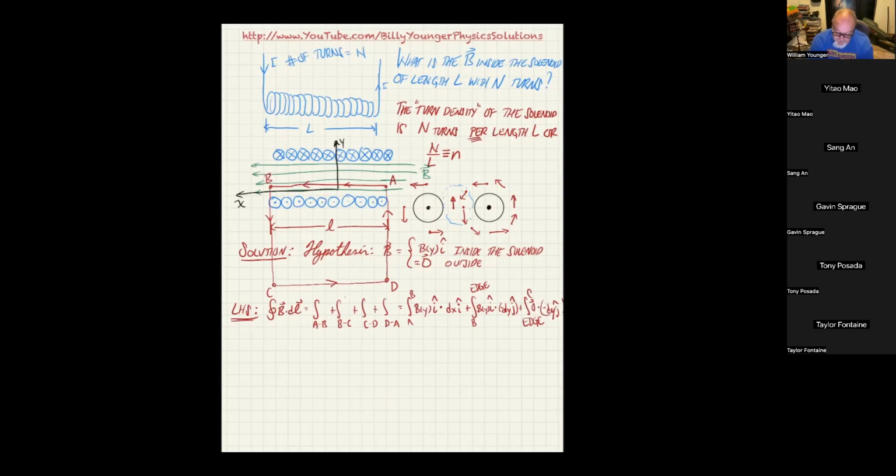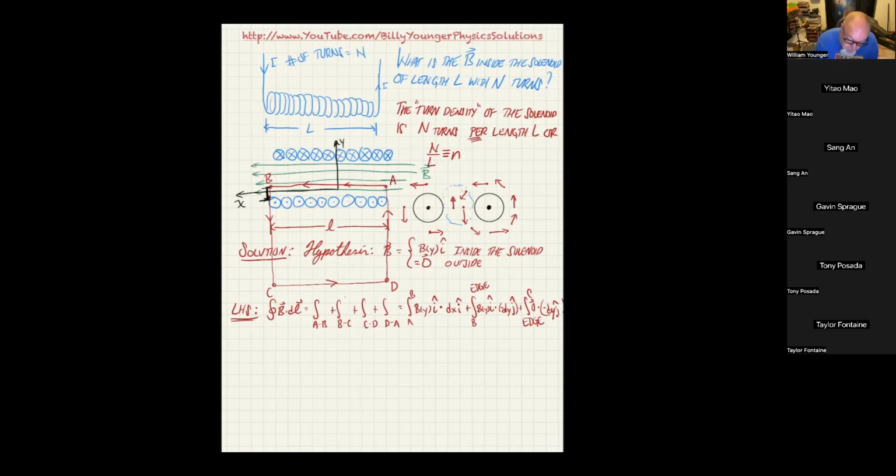There's the part where the magnetic field exists, which is between these two lines right here. That's where the magnetic field wasn't 0, and then the rest of the way the magnetic field was 0. So I took this time to show these two integrals specifically so you'd understand what's going on. You don't have to show me all that stuff. I just wanted you to understand how it's going.